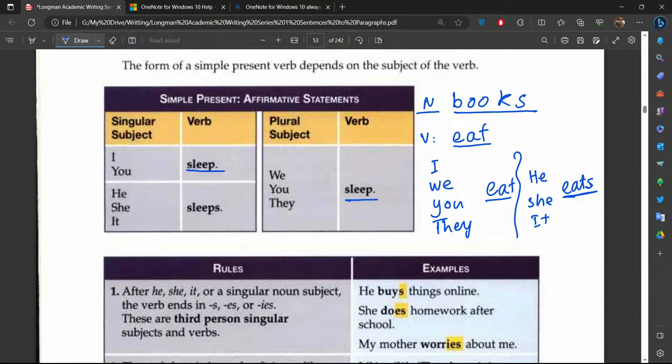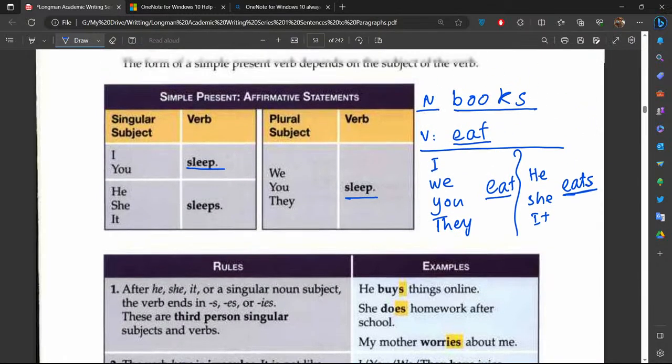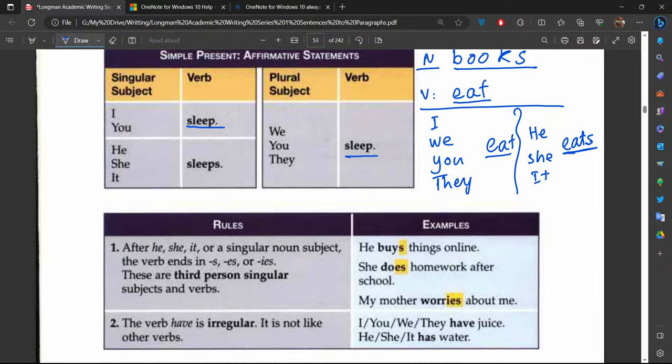This is a funny thing because sometimes this is confused with the s that is used at the end of nouns. This is a very confusing thing, in fact, for some students. You just need to remember this much of it.